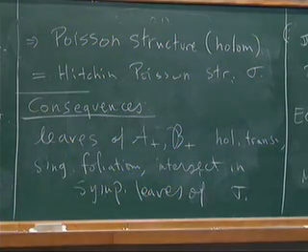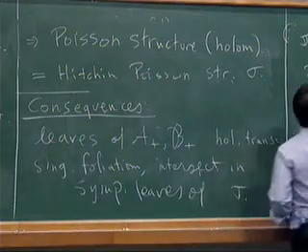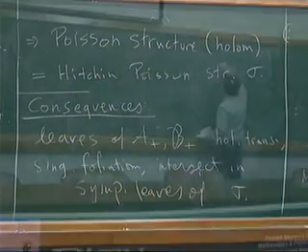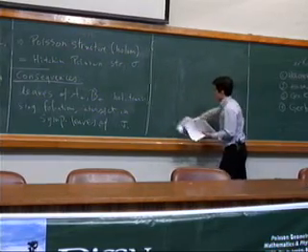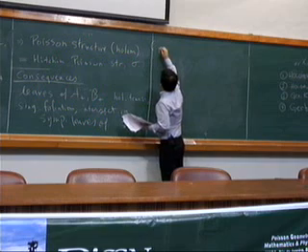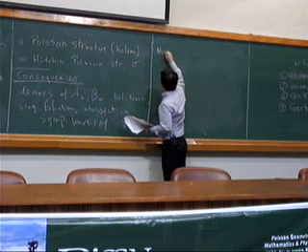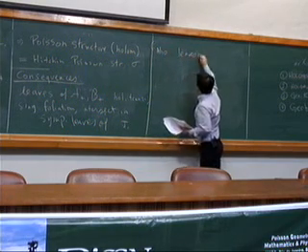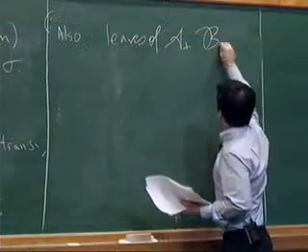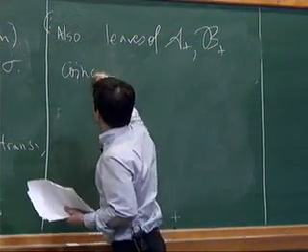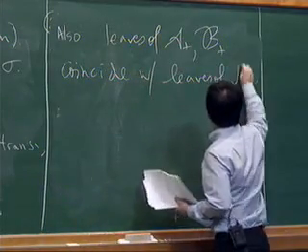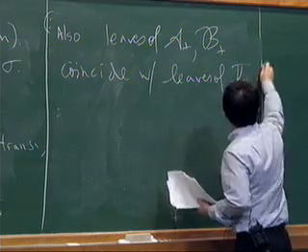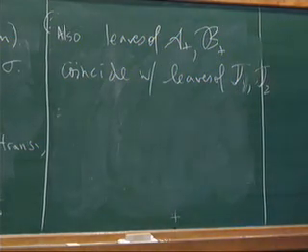Okay, but not only that, these leaves actually correspond to the symplectic leaves of the two generalized complex structures. We know that they're holomorphic Dirac, but also the leaves of A plus and B plus coincide with the leaves of J1 and J2, the two original generalized complex structures.